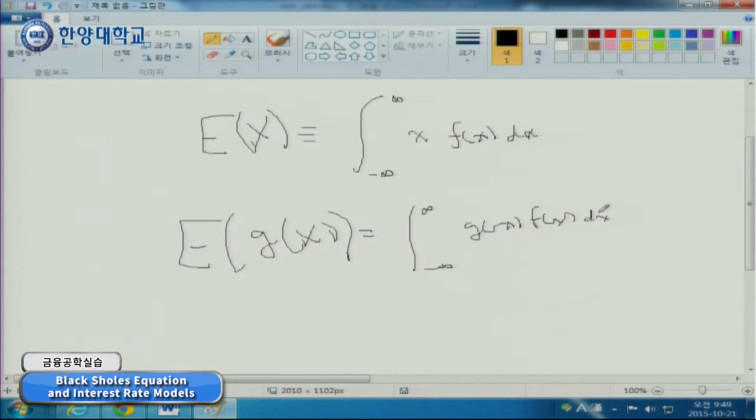Yes, exactly. That's the PDF, probability density function, for the standard normal distribution. You know the standard normal distribution, right? So that term is f.